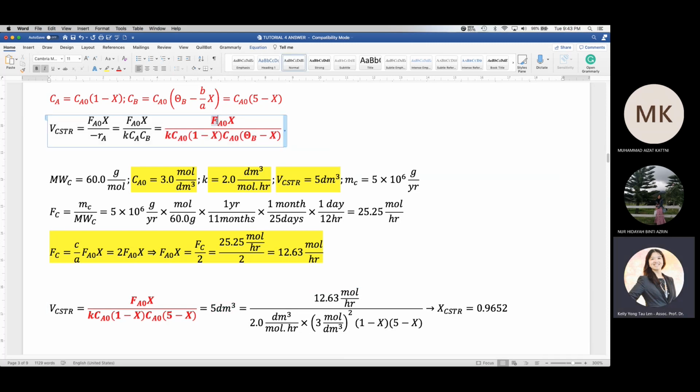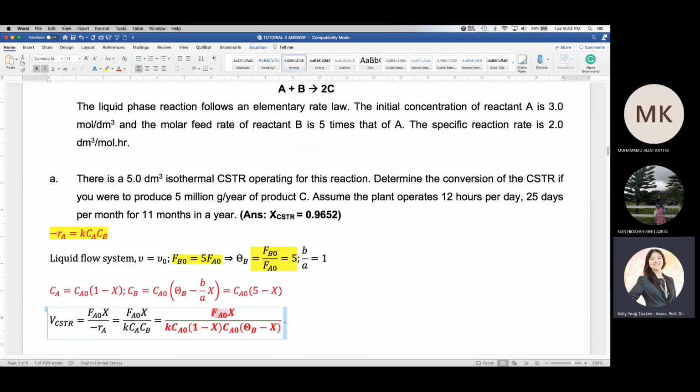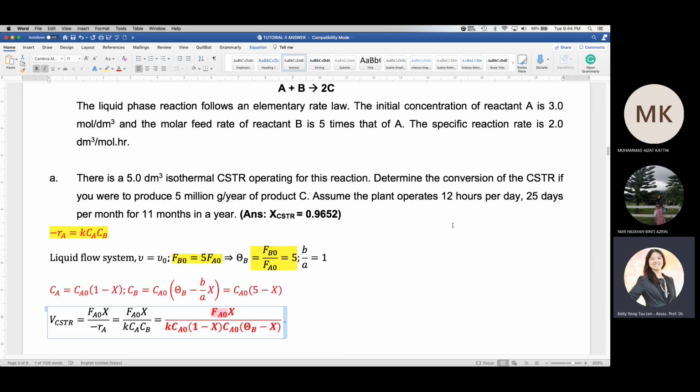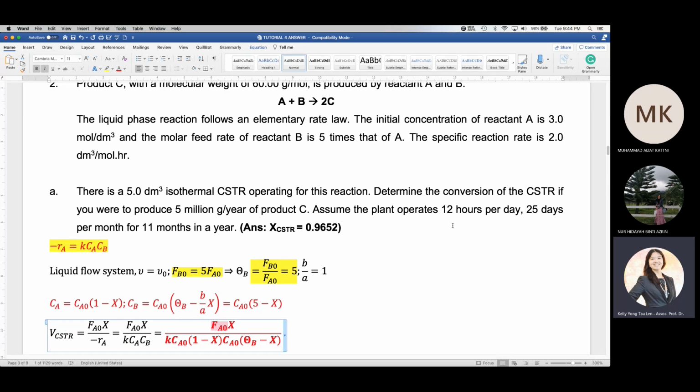Okay, next, the right side. FA0. If you notice in this question, there's no information about molar flow rate. There's nothing with mole per time, because you know molar flow rate must be mole per time. So there's no FA0 information. The only information that may be related, as I always relate it before: sometimes we can find FA0 if we know CA0 and v0, because FA0 equals the initial concentration CA0 times the inlet volumetric flow rate v0. That means if we don't know FA0 but know CA0 and v0, we can find it. But in this question we do know CA0, which is 3, but we don't know v0.